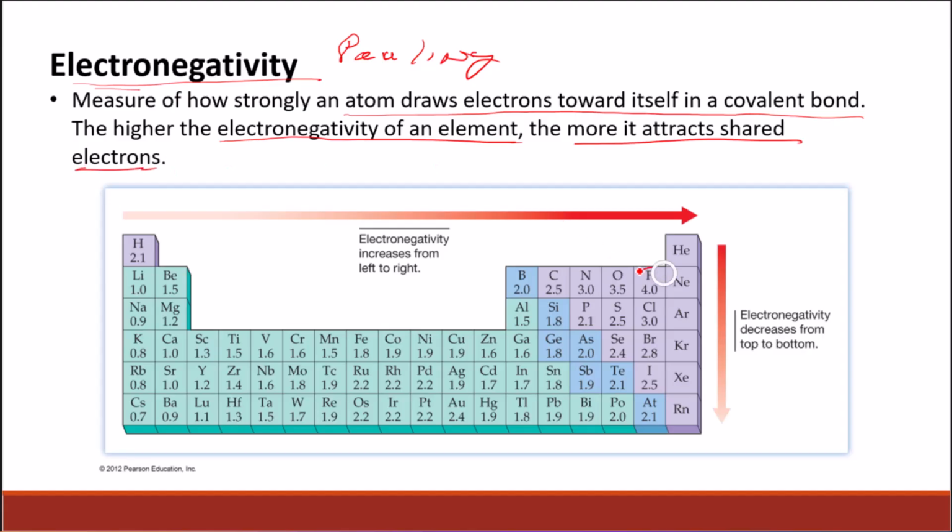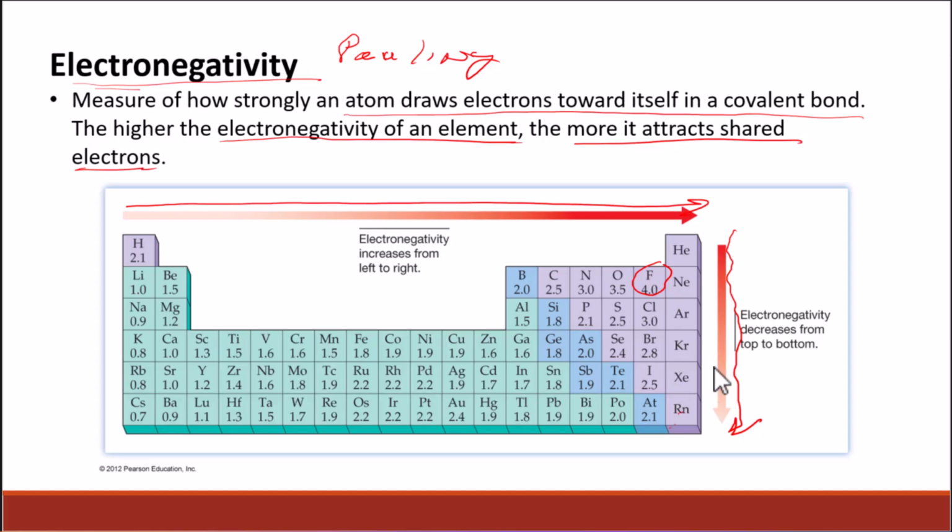And on the Pauling scale, fluorine is the queen at an electronegativity of 4. The general trend from left to right is an increase in electronegativity. And as you go down the periodic table, you have a decrease from top to bottom. Now, the noble gases are excluded from this because they don't want electrons. They don't want to give them up.